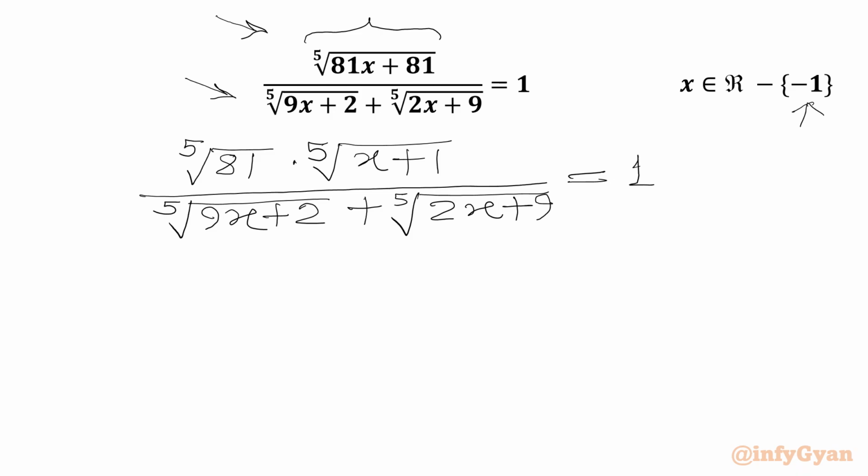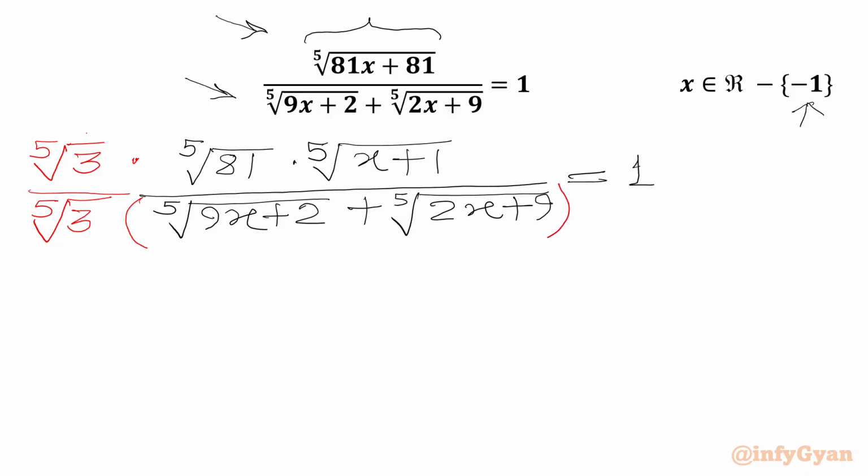Now we will use one algebraic manipulation step. We are going to multiply our numerator and denominator by fifth root of 3 so that 3 times 81 will become 243, which is 3 power 5. So fifth root of 3 power 5 would be 3. Here we'll write fifth root of 3. In the bracket we'll multiply.